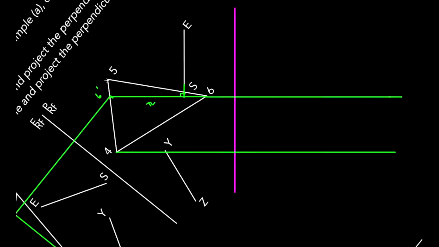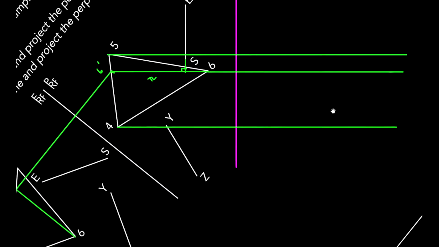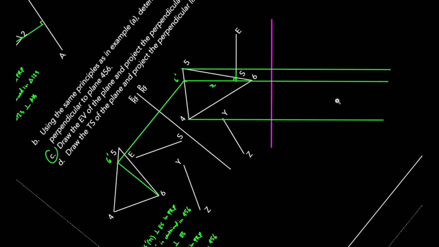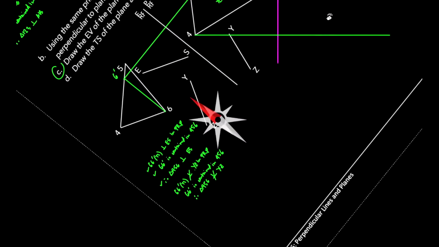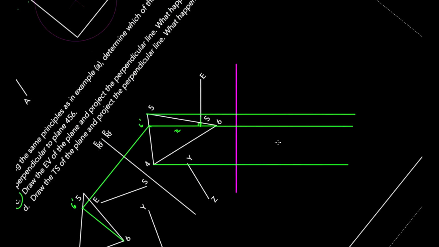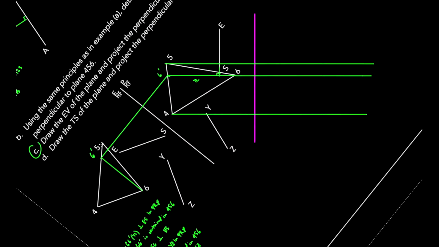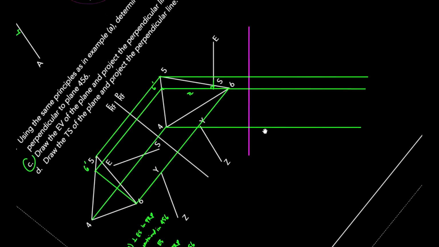So, may ganyan. So, let's just continue. Okay. Connect ko si 5, 6, and 4. Okay.